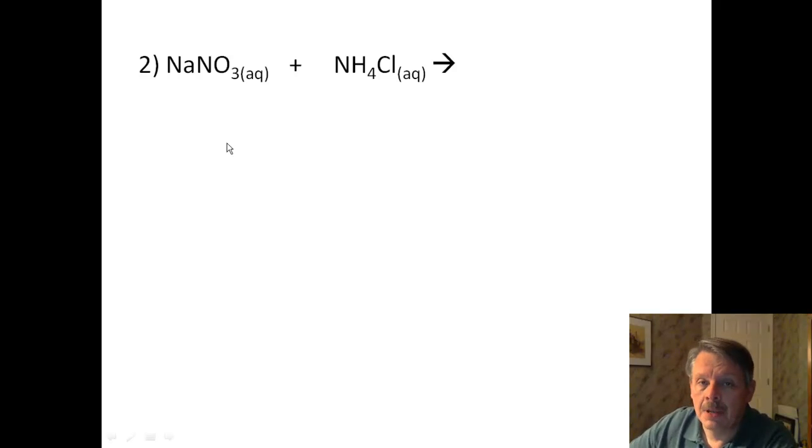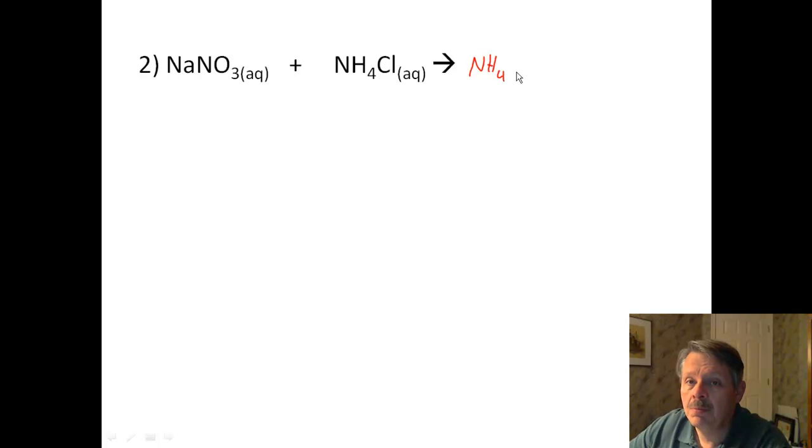All right, so we now have sodium nitrate and ammonium chloride, and that should make ammonium nitrate plus sodium chloride.